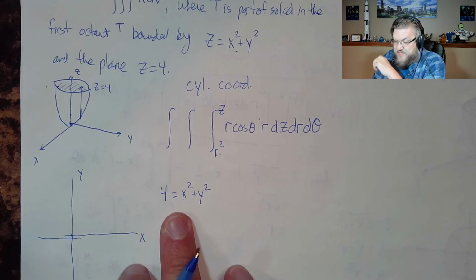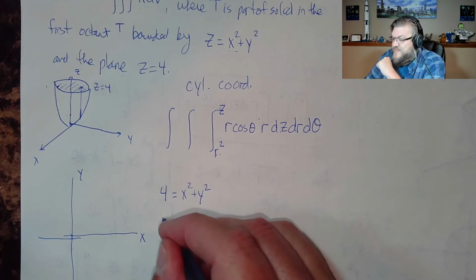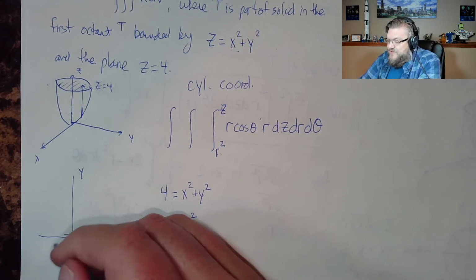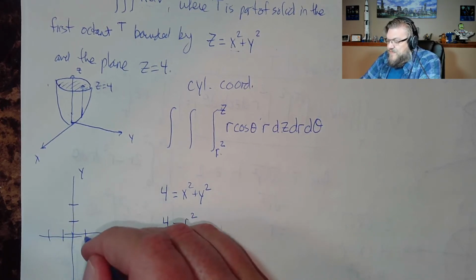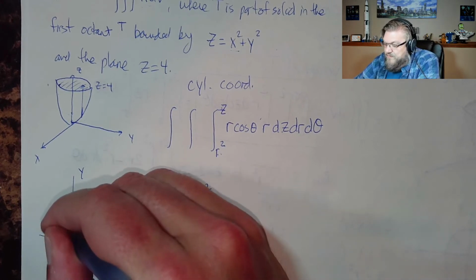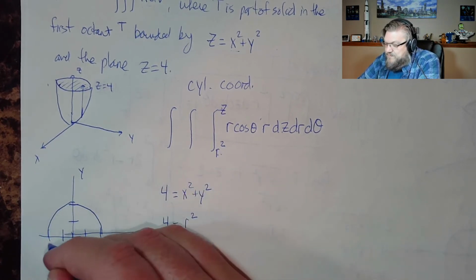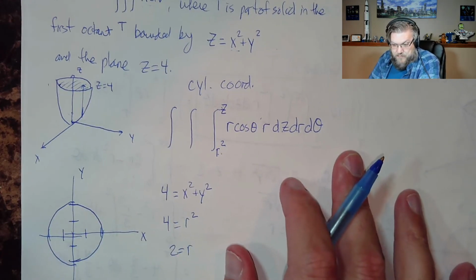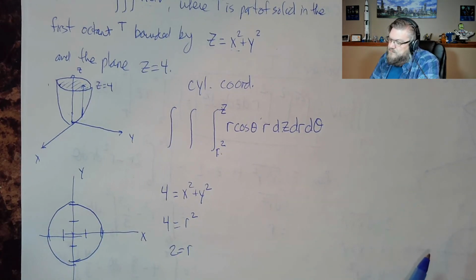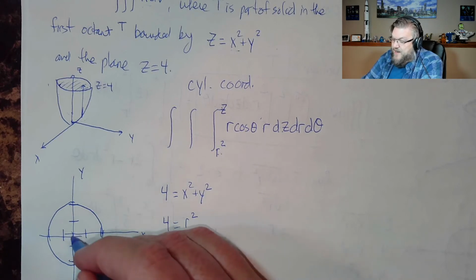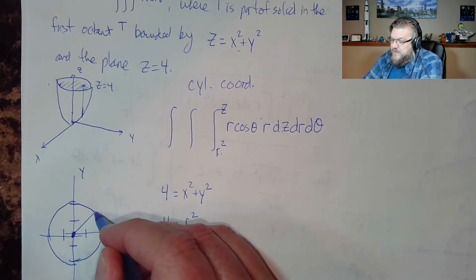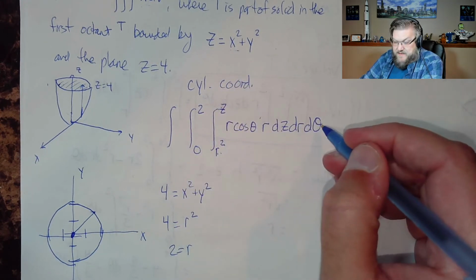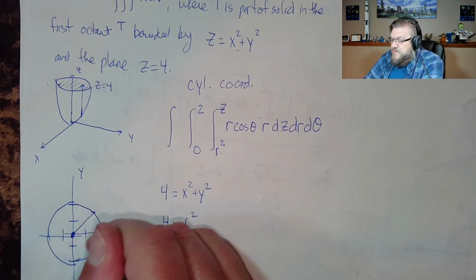Because it's x squared plus y squared equals 4, which means 4 equals r squared, which means r is 2. So this looks like a circle of radius 2 in the xy plane. This is the top view of that parabolic bowl. Now I can just say r goes from 0, radiates out to 2. And then theta goes from 0 to 2 pi.